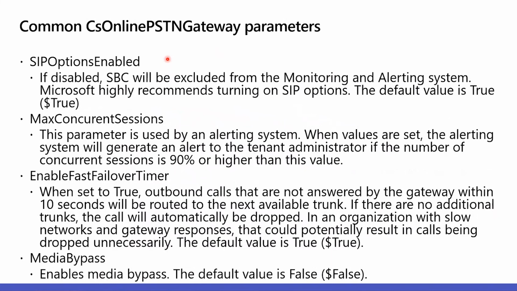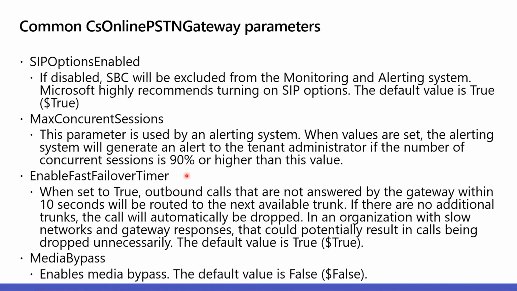SIP options enabled. It's set to true by default, and we recommend you leave this enabled. This allows us to monitor and alert on the system. Looking at the capability of your session border controller, we want to be able to monitor that device from our services' point of view. Max concurrent sessions, I already talked about that, you should enable this.